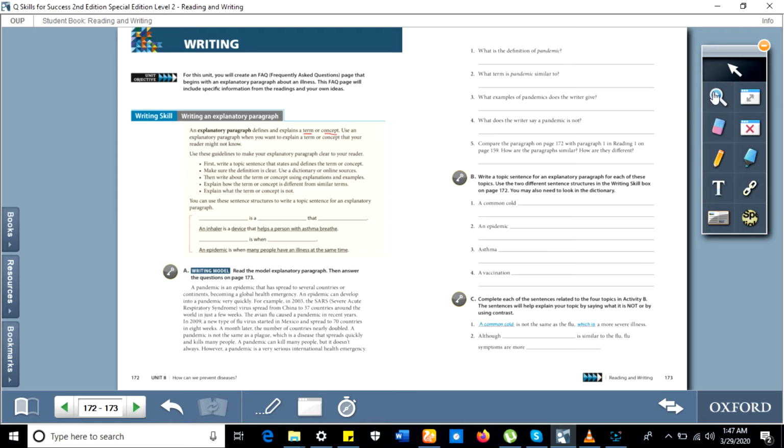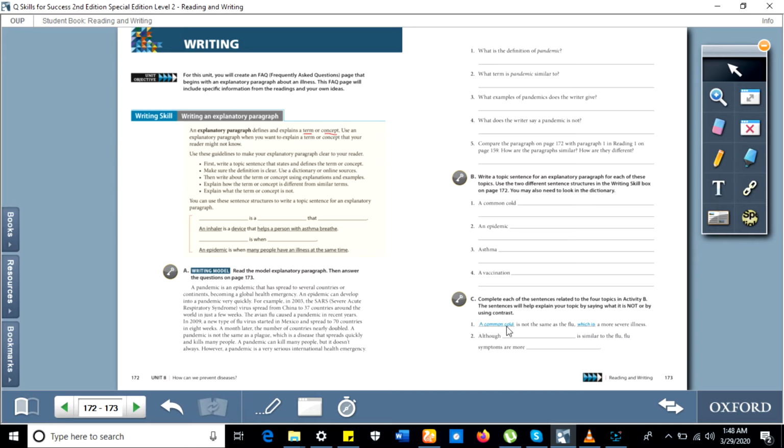All right. So in the next activity, activity C, complete each of the sentences related to the 4 topics in activity B. So for these 4 topics, 1, 2, 3, and 4, you need to complete by looking at these definitions. You have to fill in the blanks here, right?